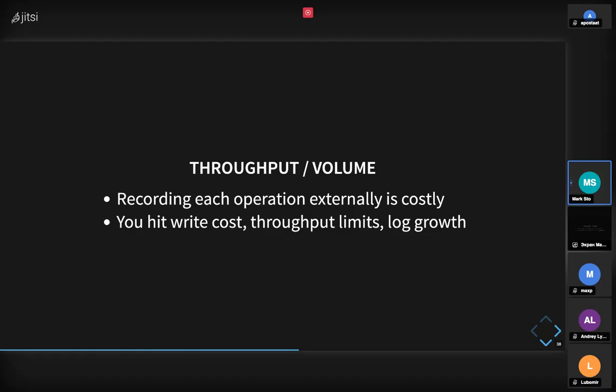An example here is very frequent small state updates, where external recording of each step is too expensive. We usually do not put such frequent updates into Datomic, say for instance, because it's an immutable database and it will simply blow up the whole transaction log.